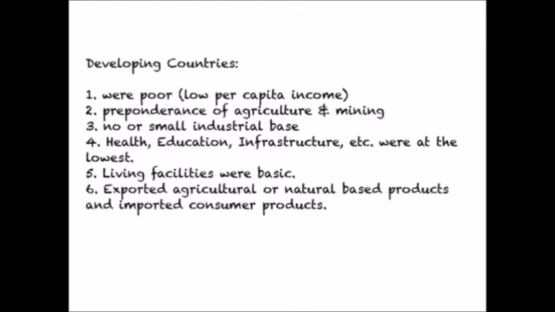The living facilities were really very basic, and these countries exported agricultural or natural-based products and imported machine-based consumer products. So these are the key characteristics of developing countries, or this is how they looked at the time they became independent.